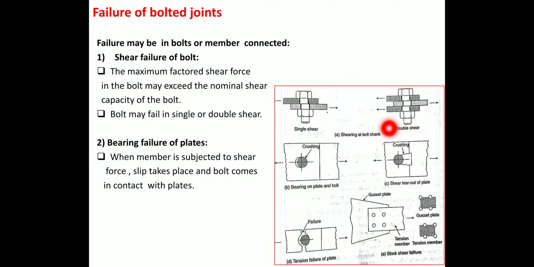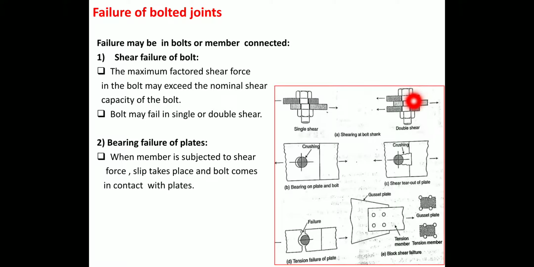Then double shear means two plates are connected by an intermediate plate, so here the number of shearing planes is 2, that we have already studied. So how are we going to find the number of shear planes?